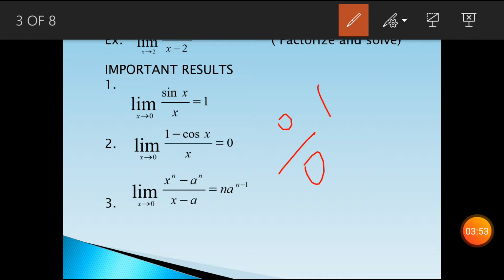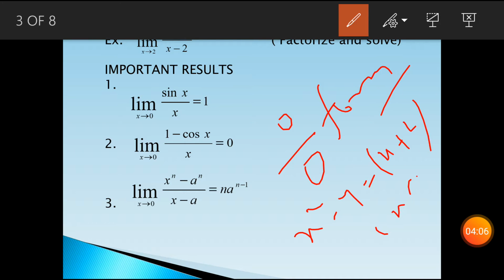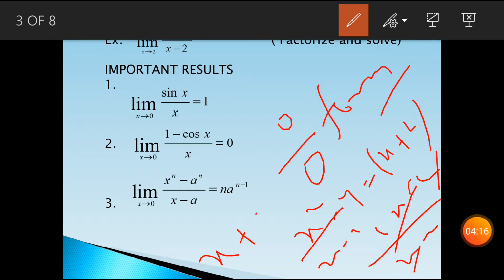Whenever you get the 0 by 0 form, we always factorize first and then solve. So x square minus 4, just factorize it: you will get (x plus 2)(x minus 2) from a square minus b square. The denominator is also x minus 2, so this will be cancelled, and you will get x plus 2 as the result. Now apply the limit: this becomes 2 plus 2, that is 4.